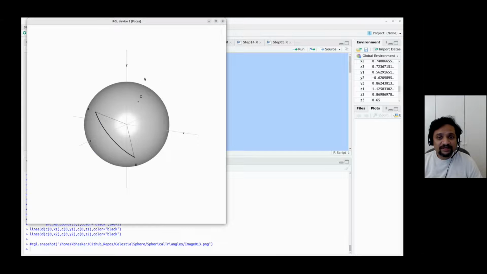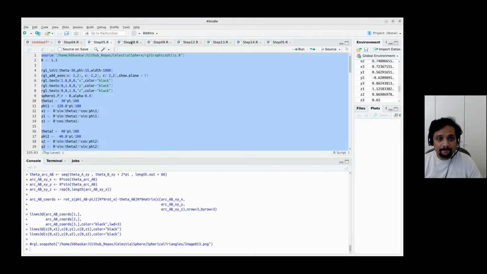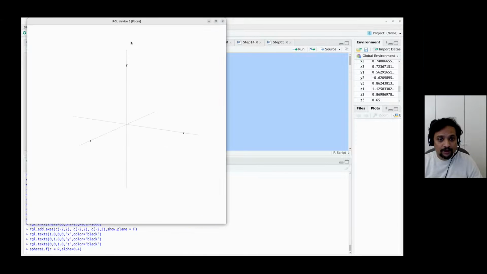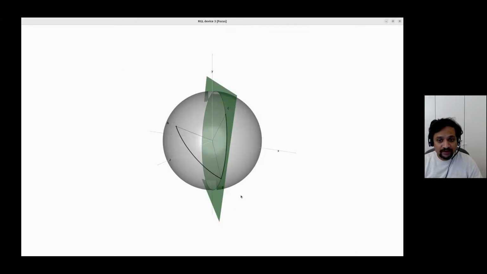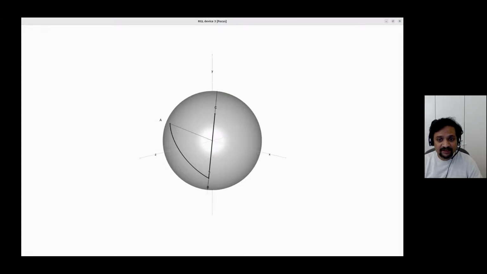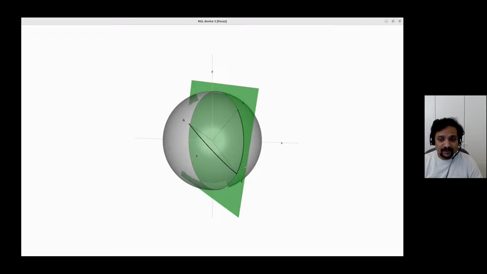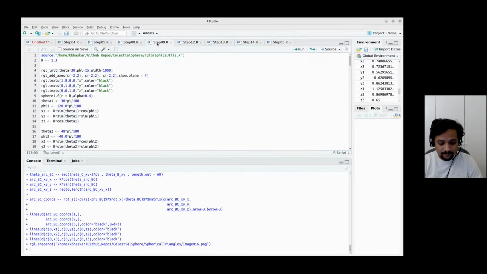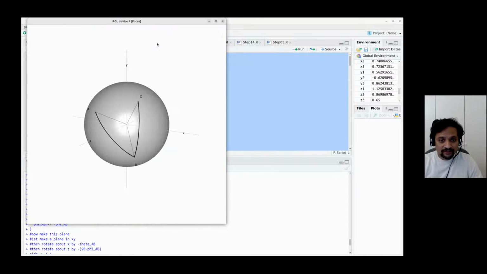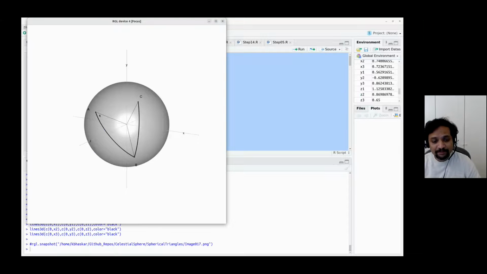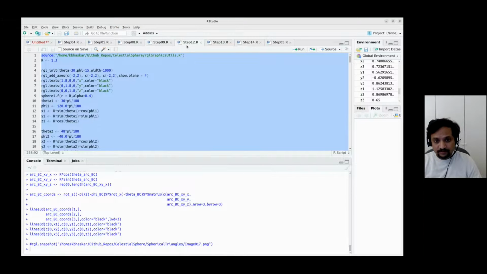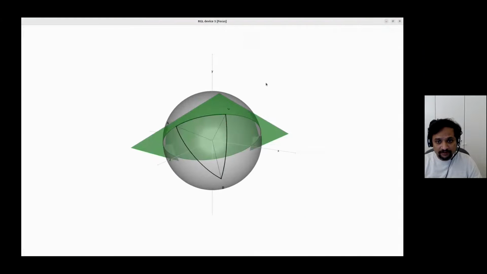Then you do the same with points B and C, and you get this plane passing through the points B and C, and this is also another great circle here, this one, and you get the side BC of the spherical triangle, and so that's how you get two of the sides, and finally you do the same thing with points A and C, and there we go.